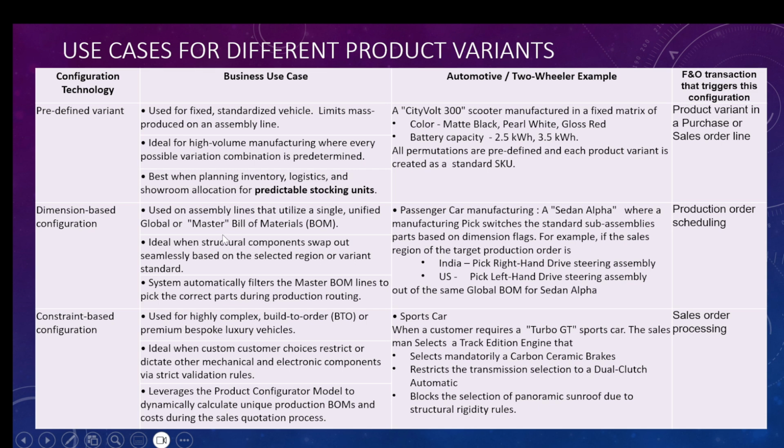If I'm going to create a car called Sedan Alpha, I have to create a BOM, a bill of materials, for that, and then I should ensure that all the different variants of my sedan car can be fitted into the global master, but I can pick and choose the relevant BOM components on a need basis.